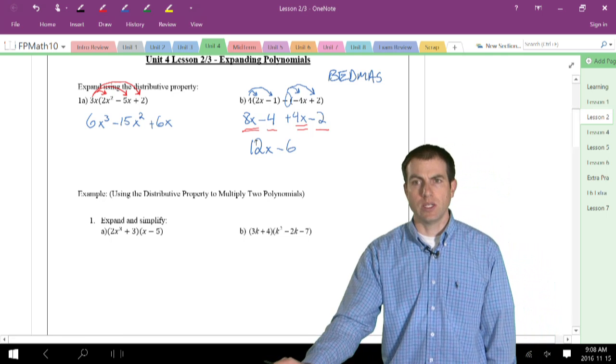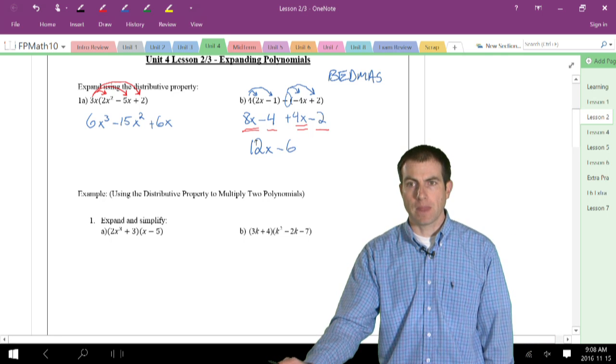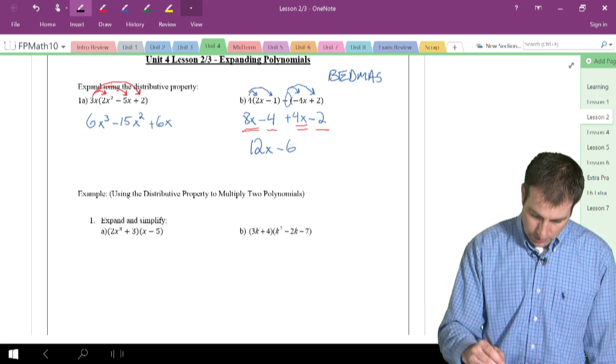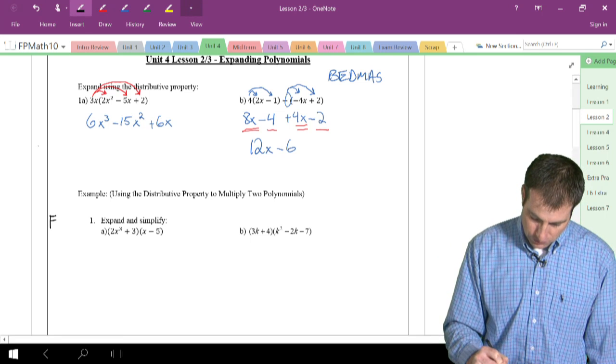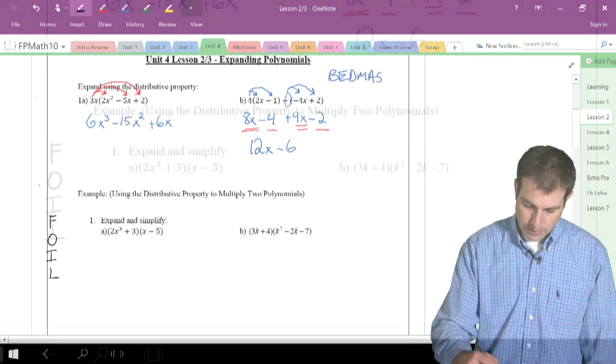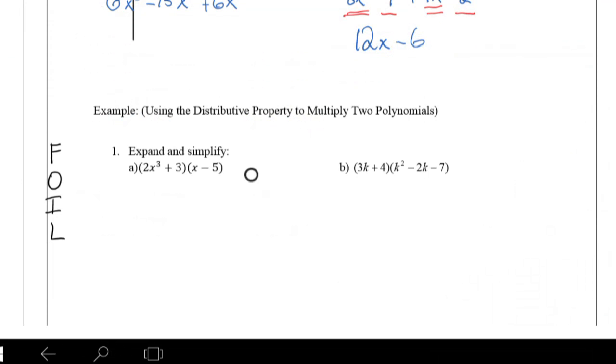And we used a little bit of an acronym in the radicals unit. We used FOIL. And we're going to use that again. So remember the F for FOIL is first.